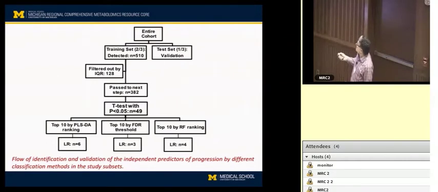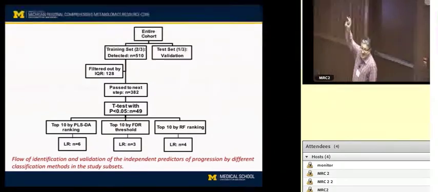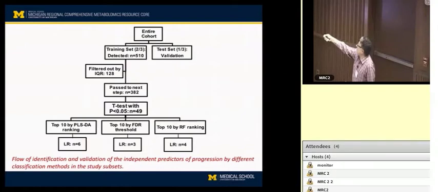But other than just looking at the FDR threshold, we also used two other classification methods. One was PLSDA, and one was the random forest ranking method. By doing PLSDA, we incorporated all the 49 in, and we further saw what the top 10 were and compared with what we got from FDR, and the same method with random forest.